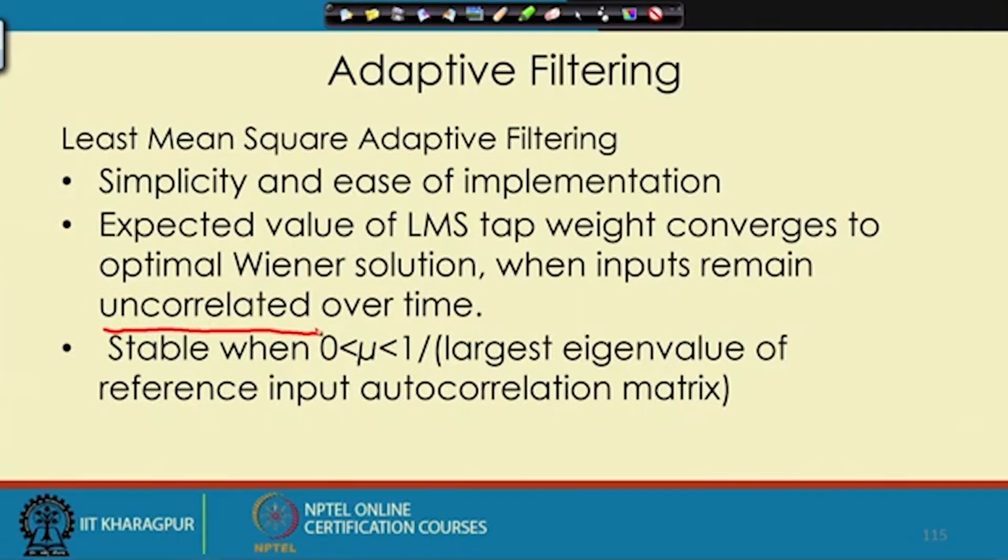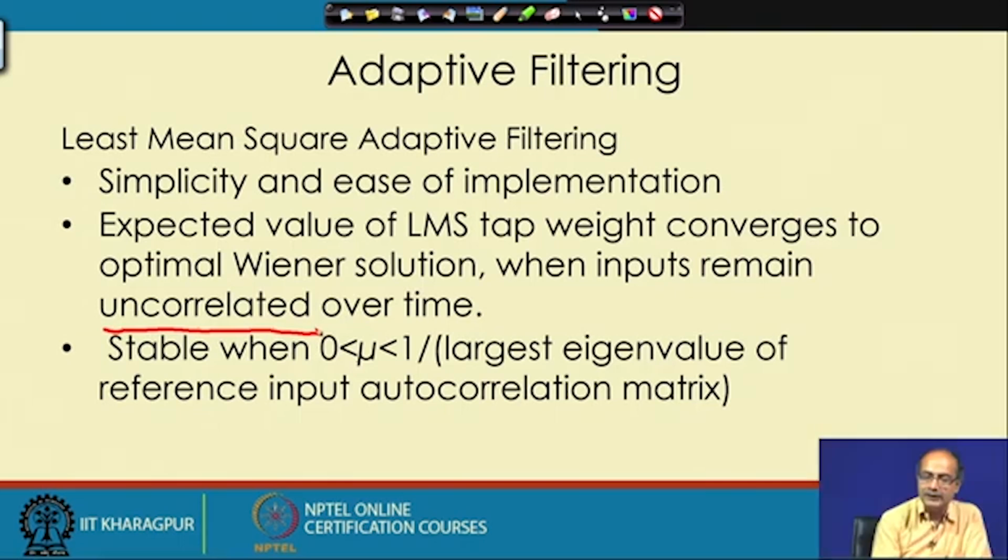The only condition that needs to be maintained is that the inputs, that is the desired signal and the additive interfering signal, remain uncorrelated with each other over time. This is the only condition on the signals. It does not demand that they be stationary or any other condition.